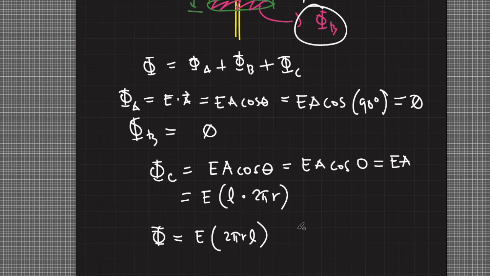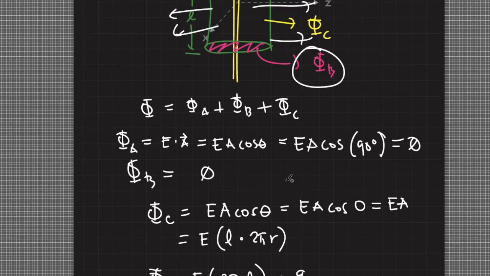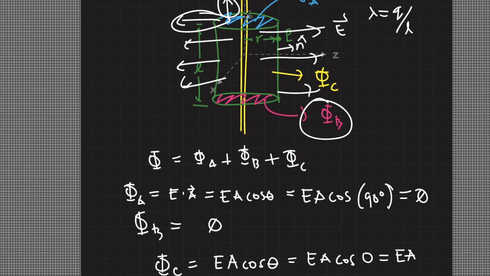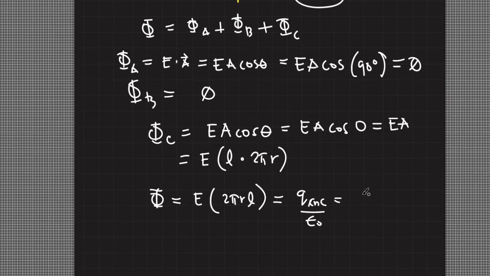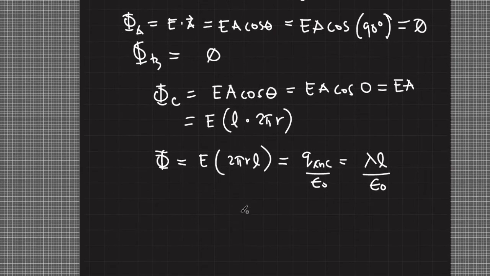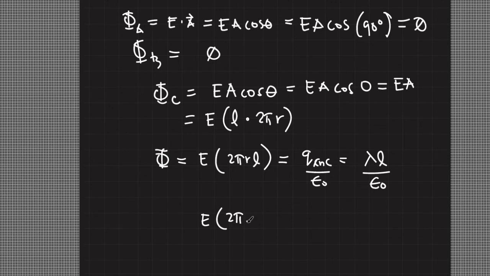Now, using Gauss's law, this is equal to the charge enclosed divided by epsilon naught. Remember that this point to this point is enclosed by a cylindrical Gaussian surface with length L. So this charge has a length L. To calculate the enclosed charge, we multiply this L with the linear charge density, so the enclosed charge is lambda L. Let me write it here: E 2 pi r L equals lambda L over epsilon naught.